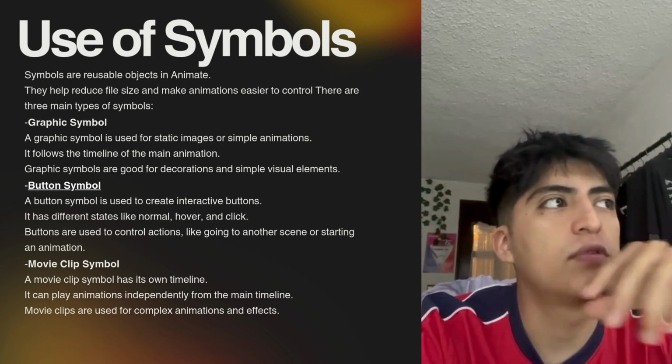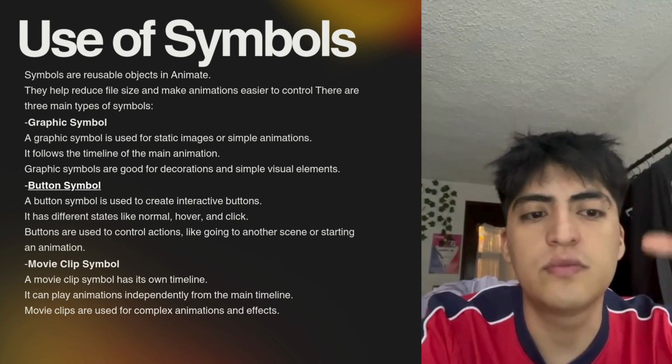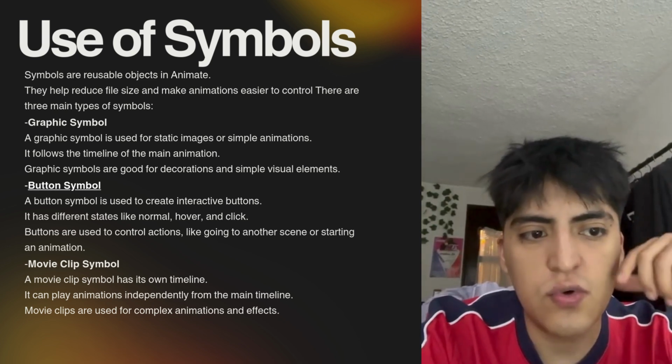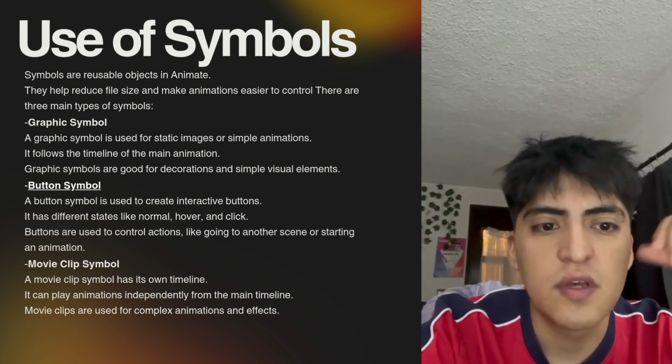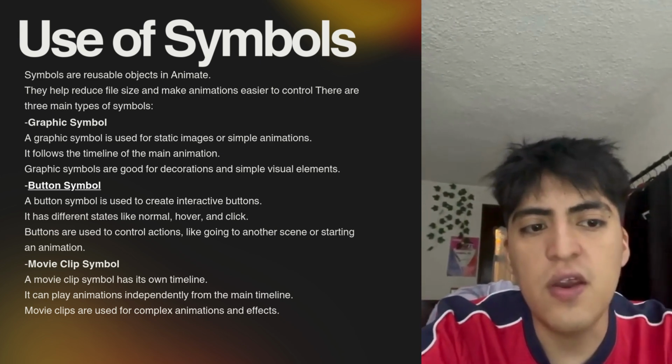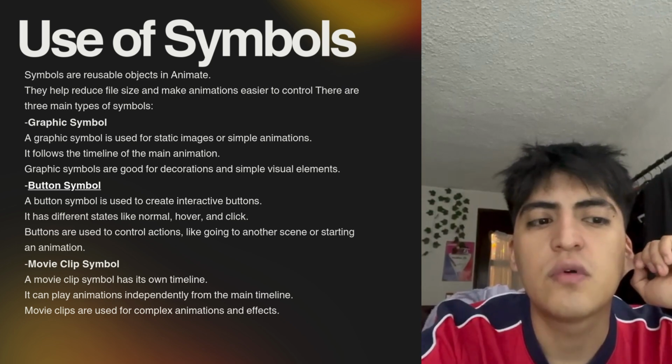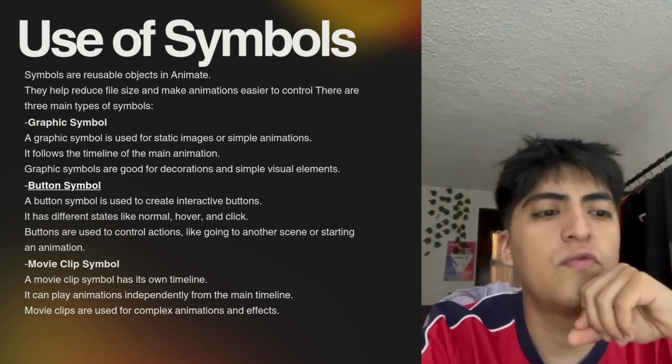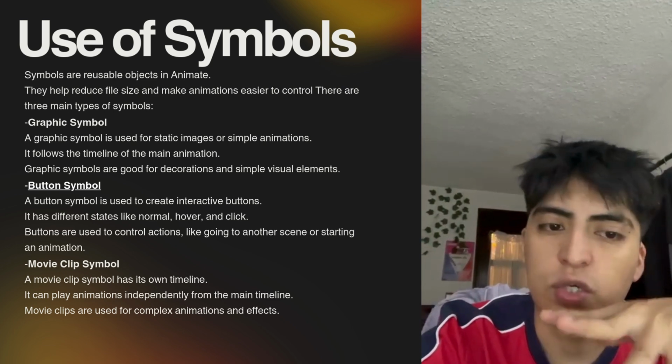Then we have button symbols, which are used to create interactive buttons. Then we have movie clip symbols, which have their own timeline and are used for more complex animations.